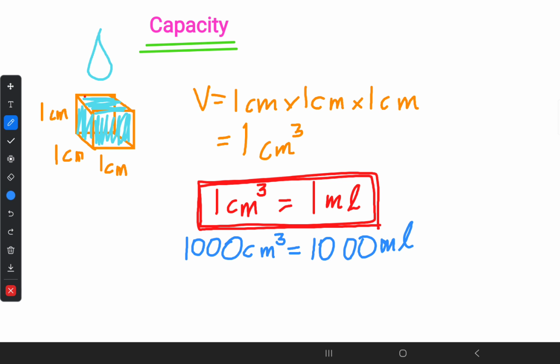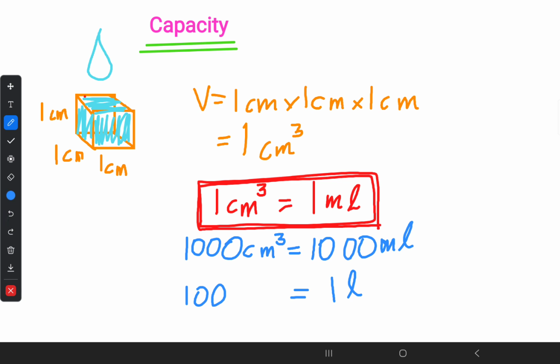In other words, we can write 1000 milliliters as 1 liter. Say you are buying a 1 liter Coke bottle. That means the capacity of that bottle is, in liters, 1 liter, and in milliliters, 1000 milliliters. So from this, we generated one more relationship.